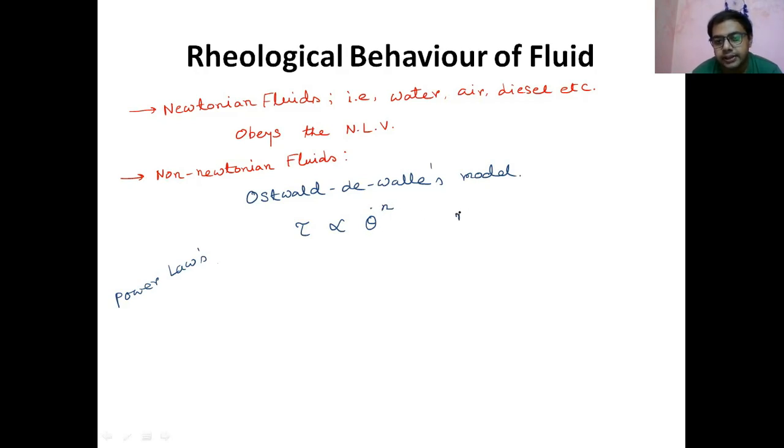This n is known as the flow behavior index. In the broader explanation, the equation looks like this. Here, K is known as the flow consistency index.